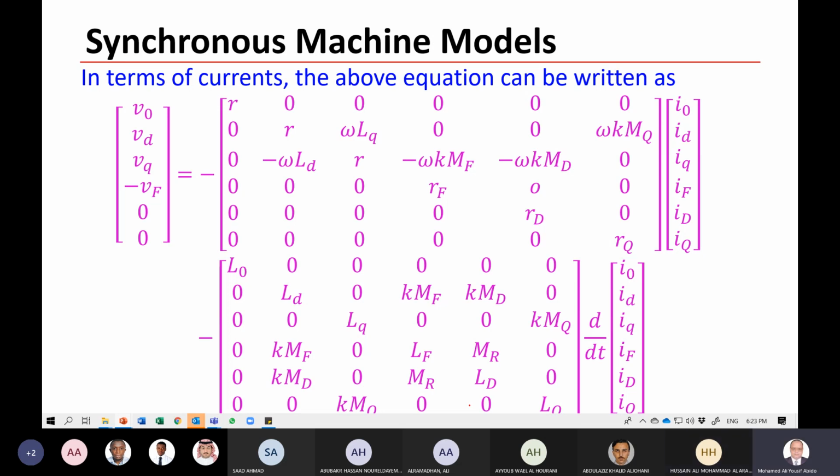And for the damper winding, we have 0 voltage. It is short-circuited. So R times the current plus L di by dt equal to 0. So we have here positive current for ID and IQ capitals.